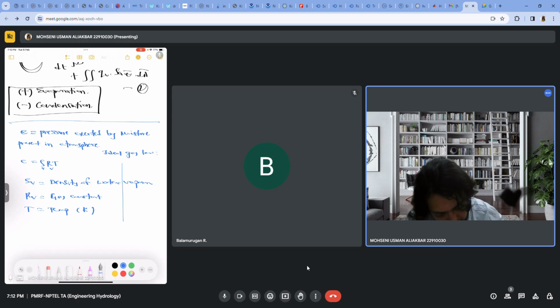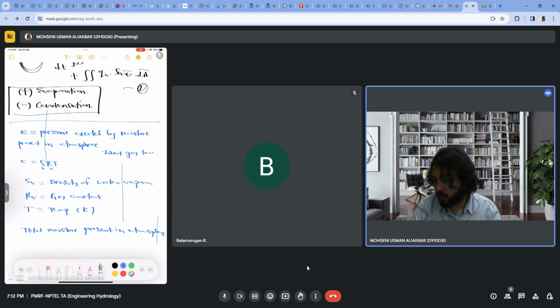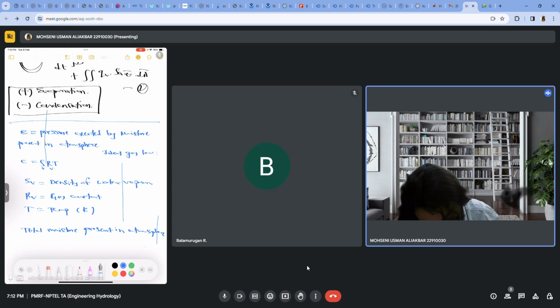Now let us say we want to know the total amount of moisture present in the atmosphere. We are talking about total moisture in terms of density.